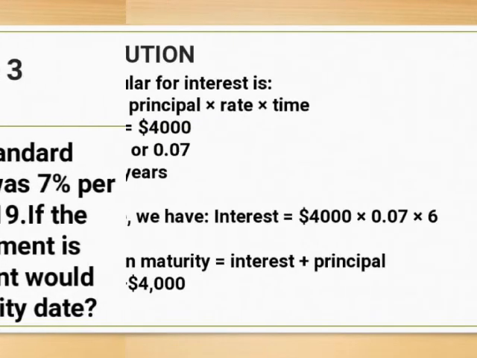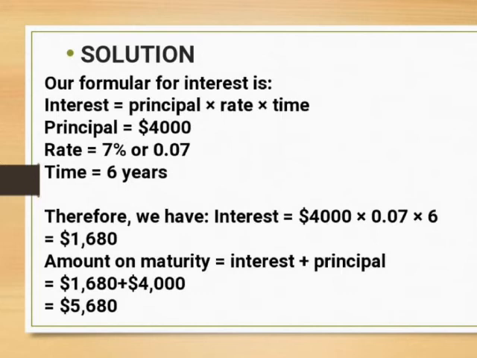Solution. Our formula still remains interest equal to principal times rate times time. Our principal here was $4,000. Our rate is 7% or 0.07 when we divide by 100. Our time is 6 years. Therefore, we have interest equal to $4,000 times 0.07 times 6.